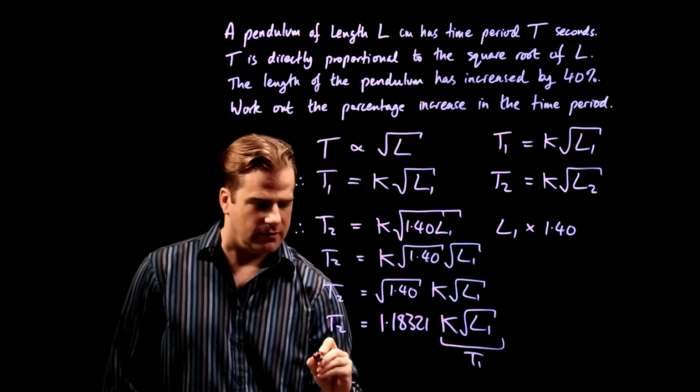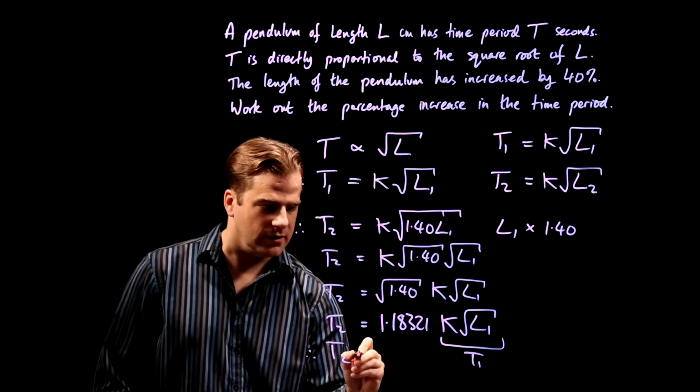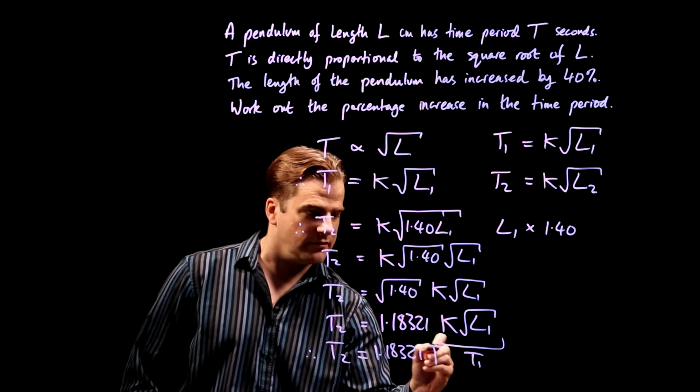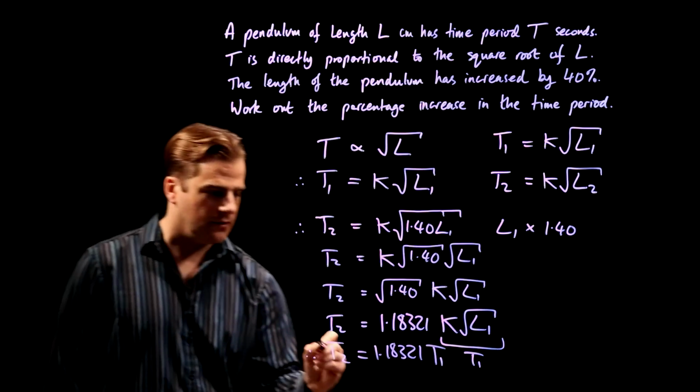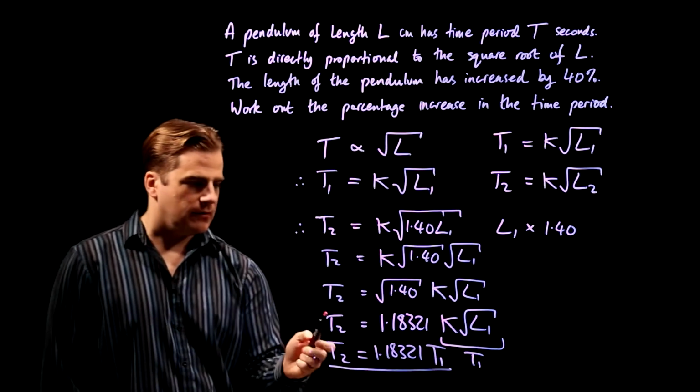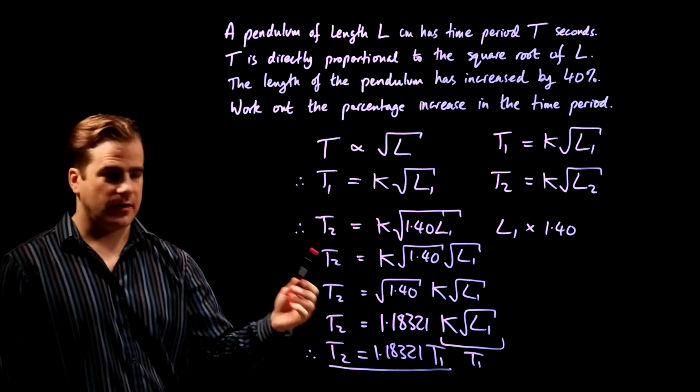Okay? So therefore, T2 is 1.18321 times T1. Okay? And T2 is the new time period.